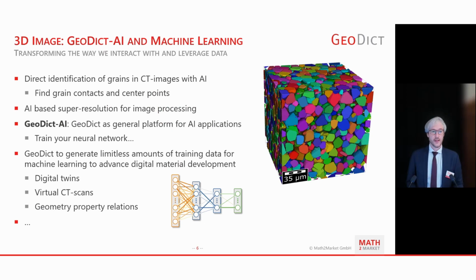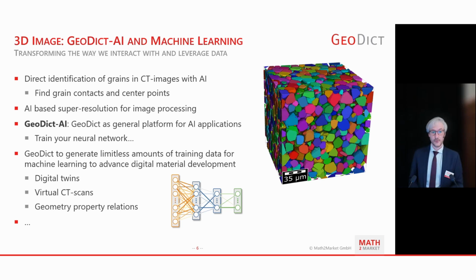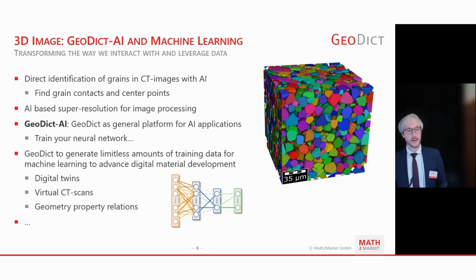And we also showed you a lot about the possibilities we now have with artificial intelligence. You can directly identify grains in CT images with AI, find grain contacts in center points. You can use AI to improve the image quality via super resolution. And we have a module, GeoDict AI, which actually gives you the possibility to train your own neural network based on your individual training data.